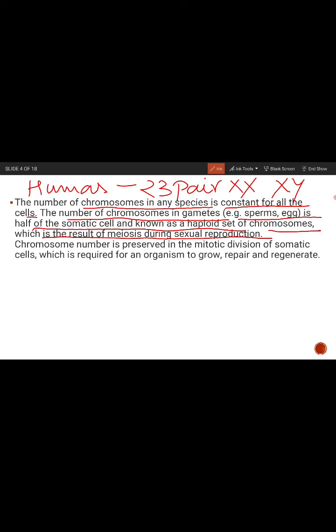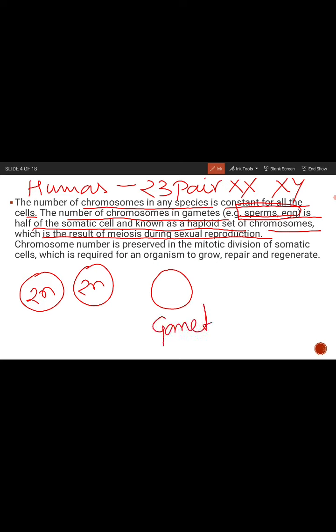Another thing that is being said is that in sperms and eggs, that is in sexual gametes, if every somatic cell is 2n, consisting of diploid chromosomes, the gametes only have n, which means these are haploid. The sperm and eggs are haploid.